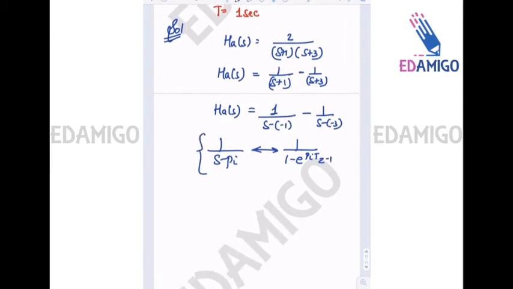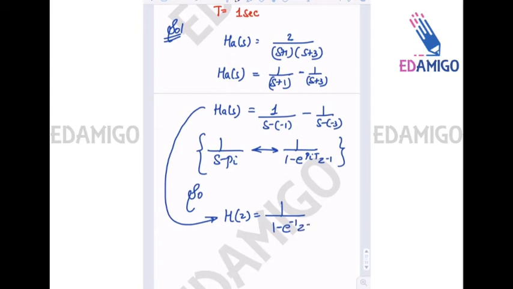This is the transformation formula. We know this formula. In this case, p1 is equal to minus 1, and p2 is equal to minus 3.